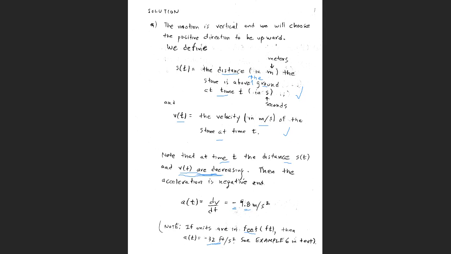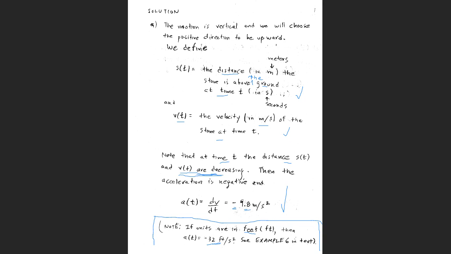You'll need to look at example 6 in the textbook to help you with some of your homework, but this problem here will help you with other parts. This was just a note so you're aware of it. So now we have an equation: acceleration at time t equals negative 9.8 meters per second squared. What are we going to do with our acceleration function?